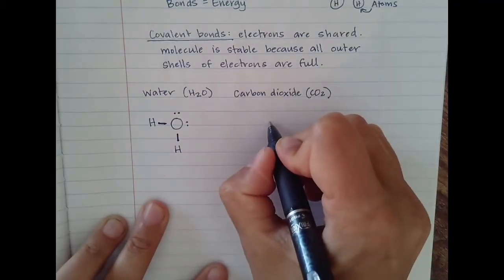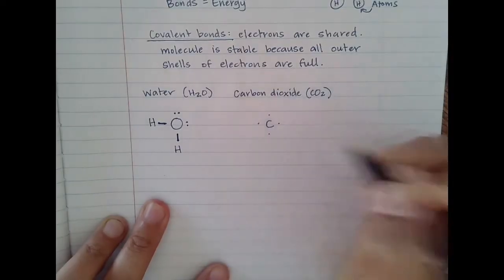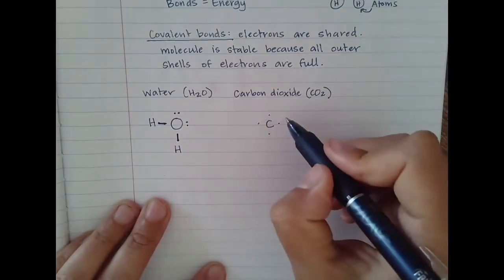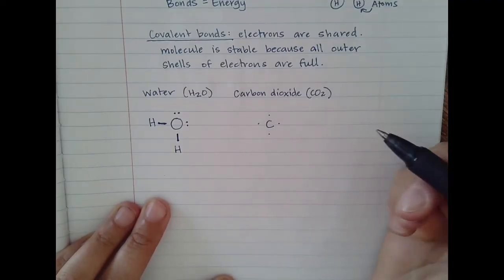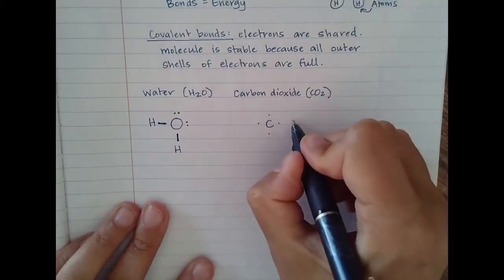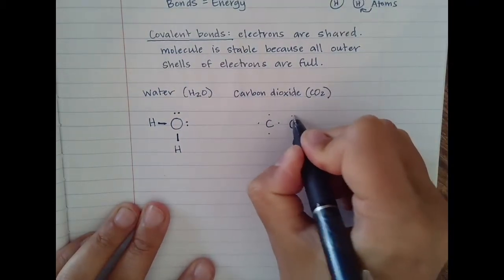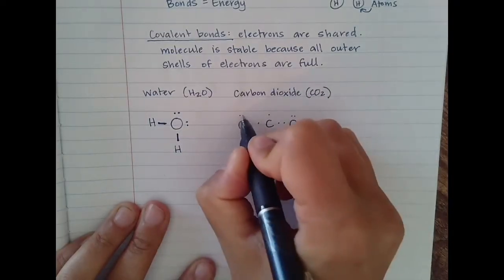So I'm going to start by drawing my carbon. Carbon has 4 valence electrons. What this means is that it needs to form 4 bonds. It's not bonded to 4 different things. It's bonded to 2 different things. It's bonded to oxygen. So I'm going to put an oxygen on this side. And I'm going to put an oxygen on this side.